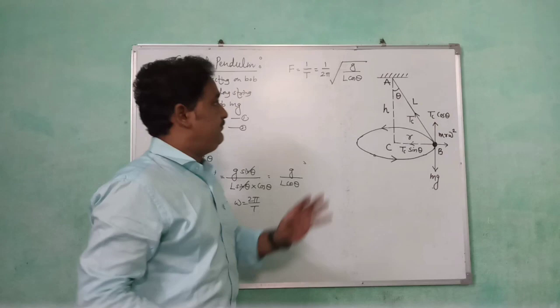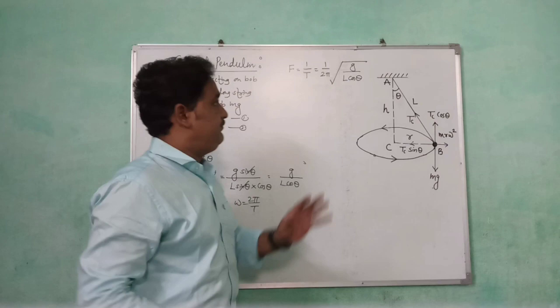See here, we have to think about whether we can make this string horizontal during the circular motion in the conical pendulum. If you rotate with very high speed, then the string will tend to become horizontal. So what is the limit? In this case, the frequency should be infinite and the angle made with the vertical becomes 90 degrees.